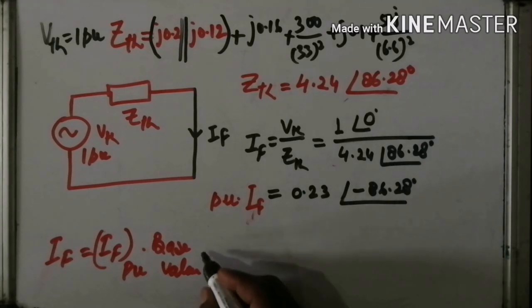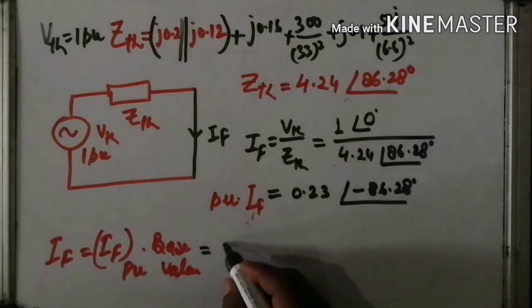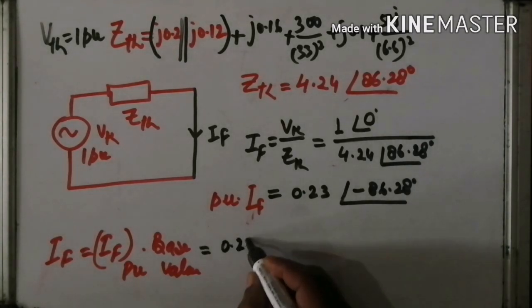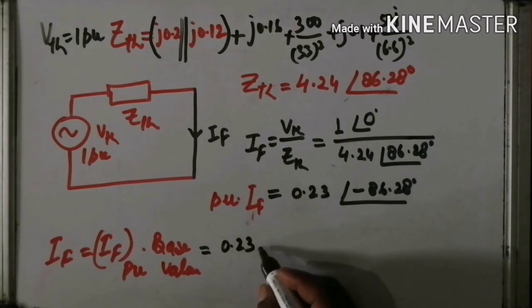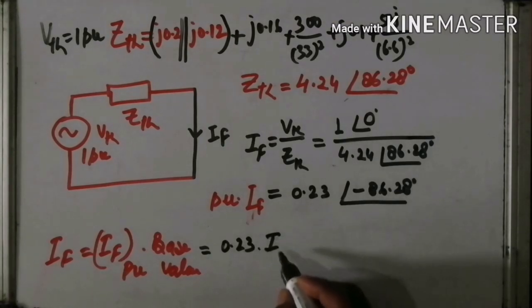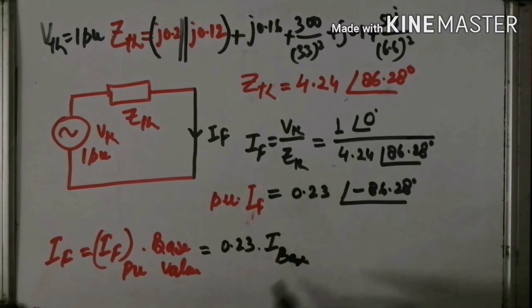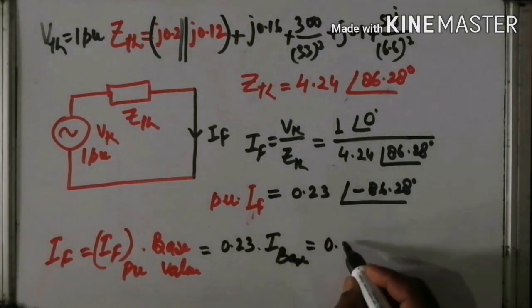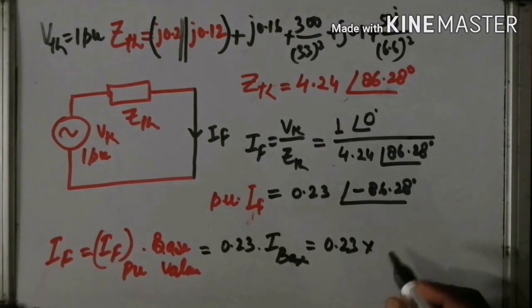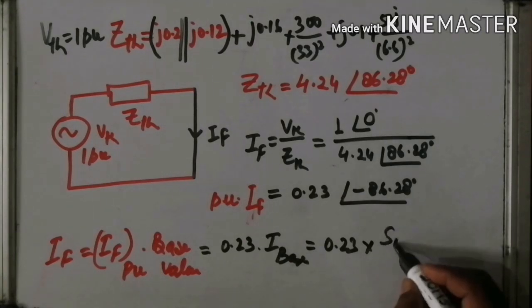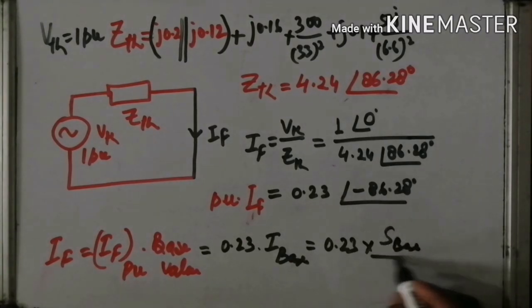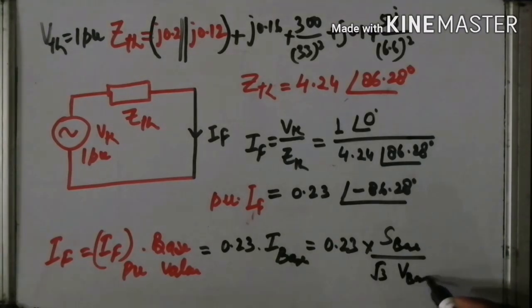Okay, faulty current is 0.23 into I base, and I base is given by S base divided by root 3 into V base, right?